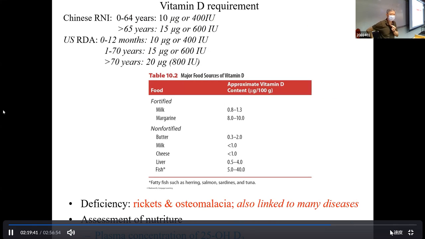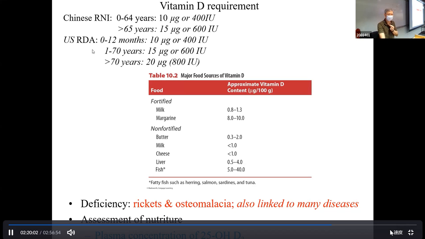Now, for vitamin D, our standard will be somewhere around 400 international units. And when we say international unit, you can also convert it into microgram. So it's 1 to 40 in terms of the conversion.